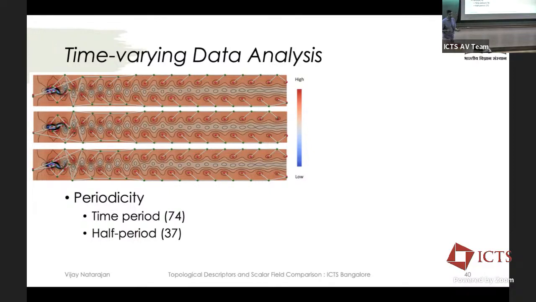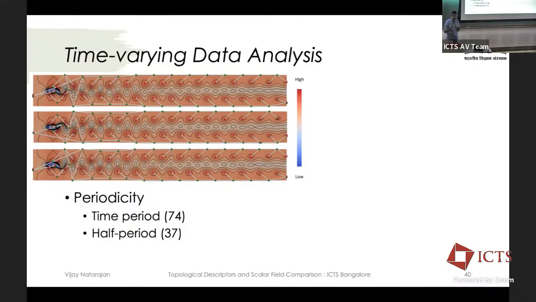For those who don't know, the von Karman vortex street is a street of vortices that form when you have flow behind a cylinder. There is this vortex shedding phenomenon, and it's very interesting because it's periodic. The vortices keep moving.